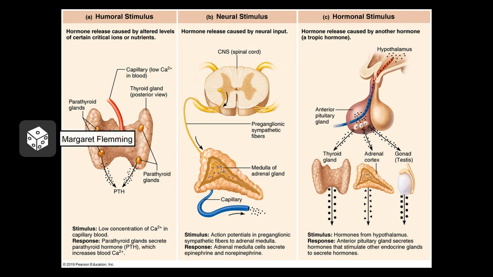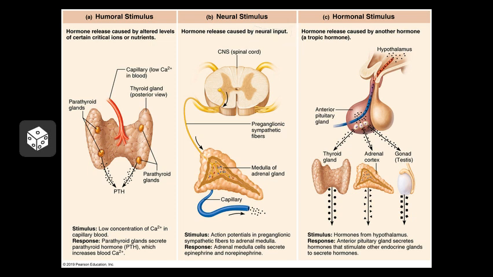When we take a look at B, or the middle of this slide, the neural stimulus, this is an example of how neural signals from the nervous system to an endocrine or neuroendocrine tissue will change its behavior and what it secretes.